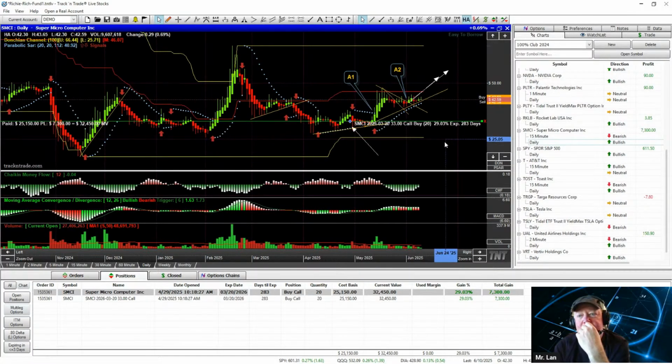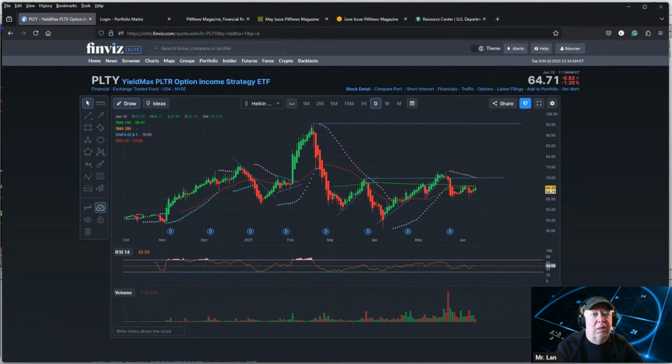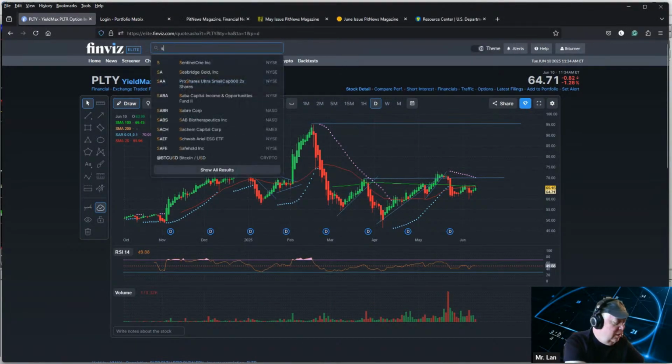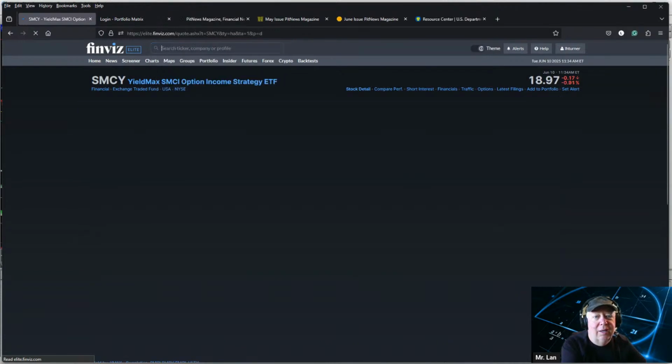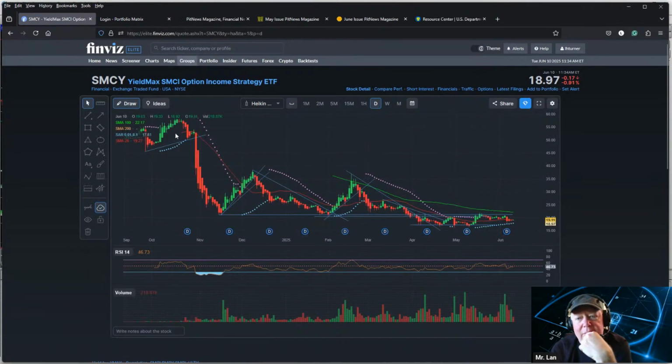I think Super Micro also, don't we have a YieldMax on Super Micro? SMCY, I think. Don't we? Yeah, we do. It's just going sideways. What's their payment on that thing? $1.58.